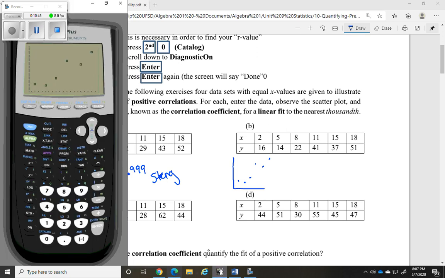Let's see what that R value is. So stat, calc, linear regression is number 4. You move down to calculate. And notice it's still pretty strong, but not as strong. 0.930.